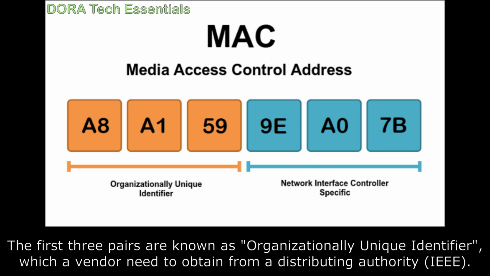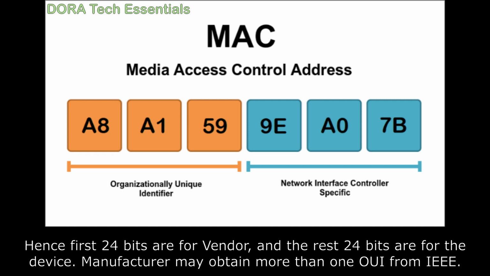The first three pairs are known as organizationally unique identifier, OUI, which a vendor needs to obtain from a distributing authority, IEEE. Hence first 24 bits are for vendor, and the rest 24 bits are for the device. Manufacturer may obtain more than one OUI from IEEE.